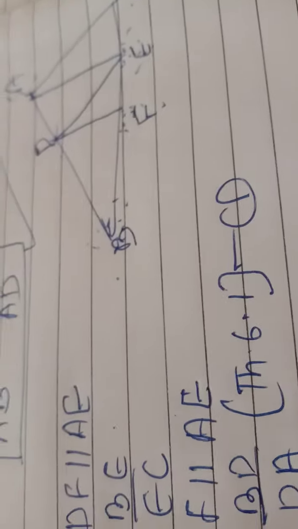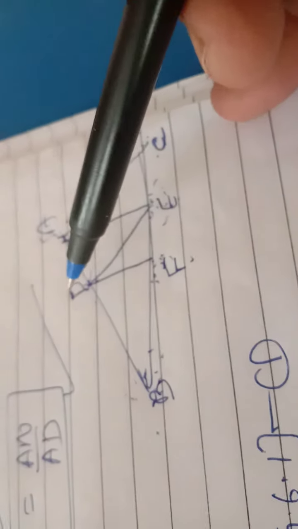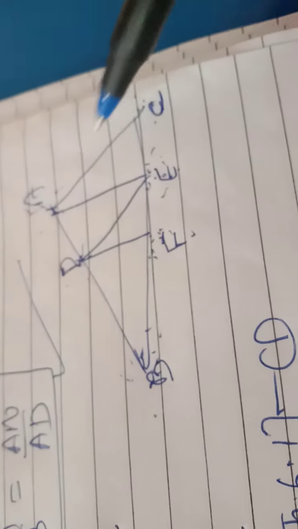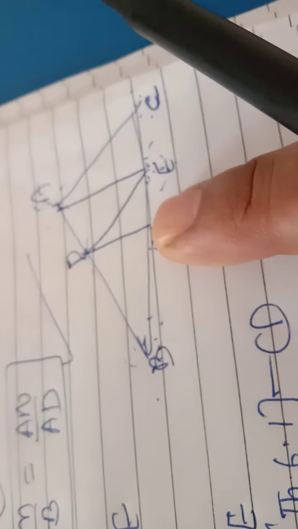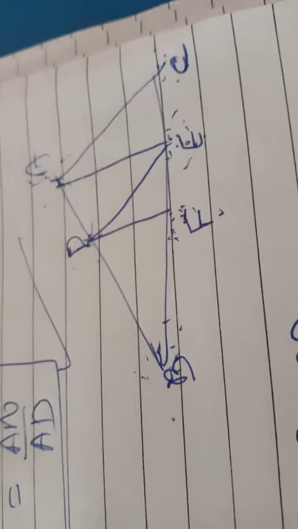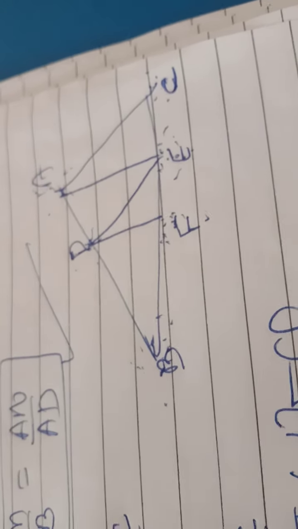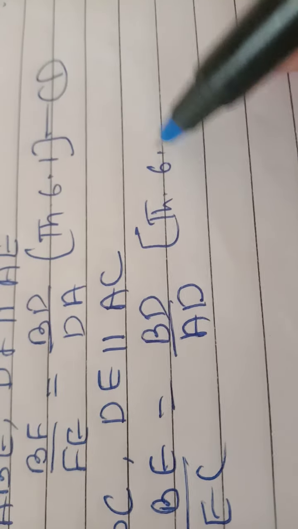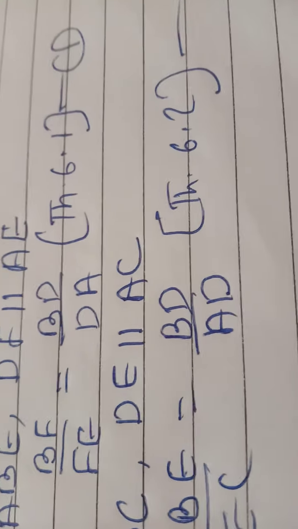So I will write BE upon EC. Now forget about this DF. We are considering DE parallel to AC, so we have to consider only BE and AC. I am hiding F, so I will write BE upon EC is equal to BD upon AD. Again it is theorem 6.2 and equation number 2.